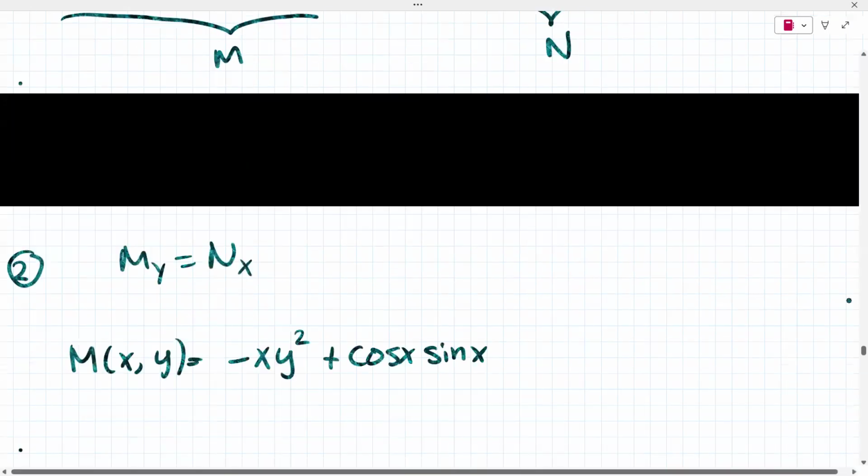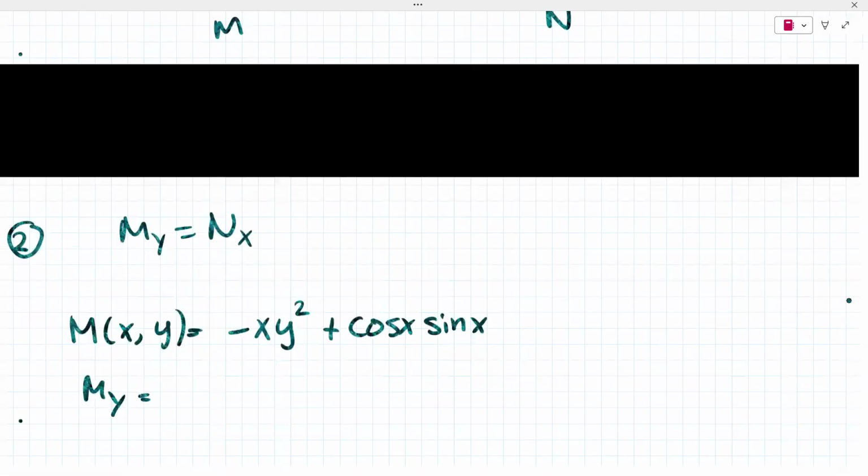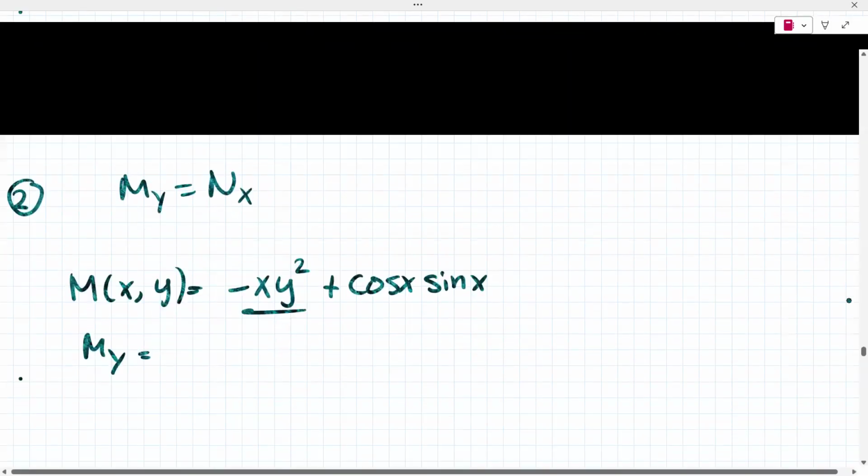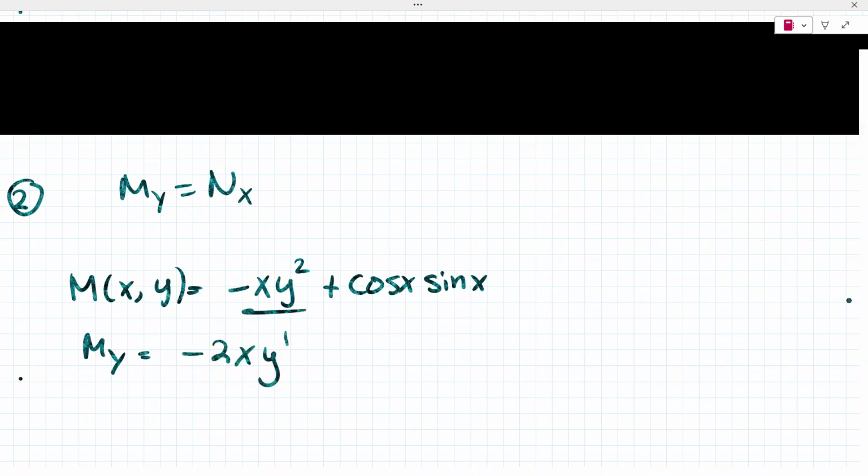And then we're supposed to take it with respect to y. So take the derivative with respect to y. So this has a y, so that's going to be negative 2xy to the power of 1. And then this does not have a y. So if it doesn't, that's just a constant. So the derivative of a constant is 0. So this is just 0.